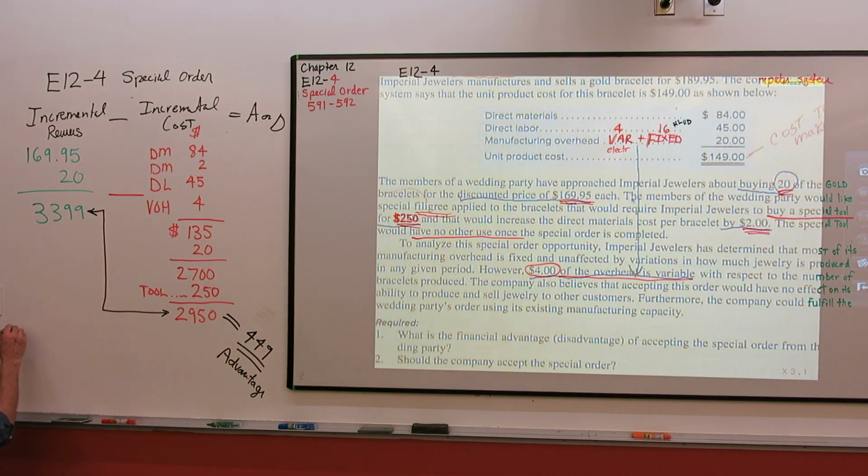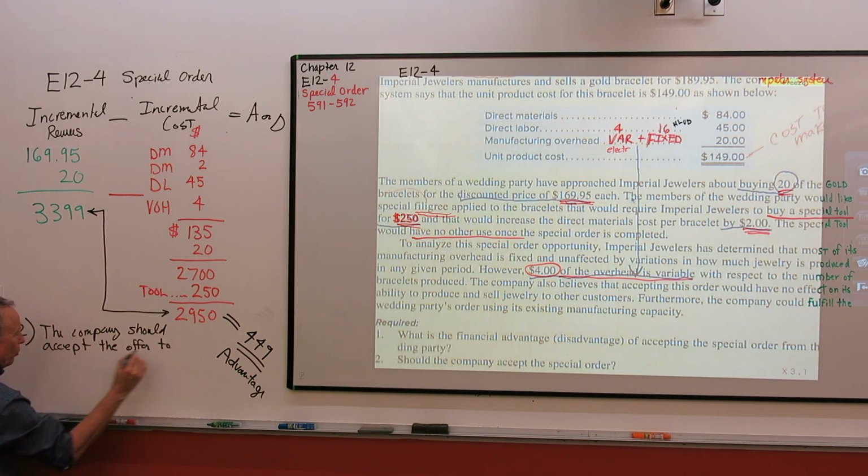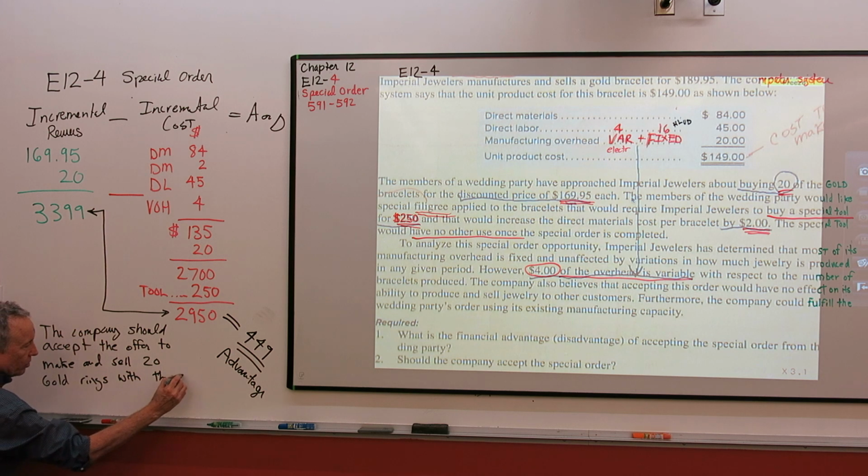Let's do, this is number 2. Say, the company should accept, and say what offer it is, should accept the offer to make and sell 20 gold rings with the special filament.